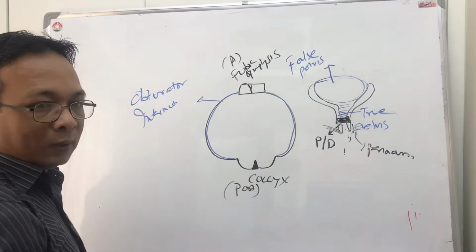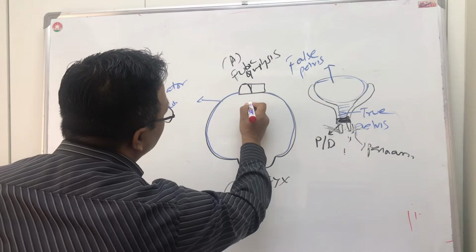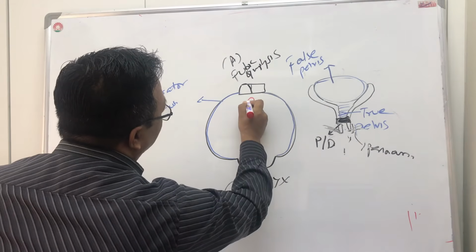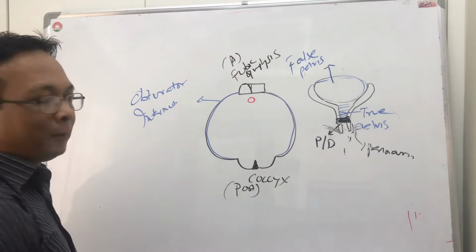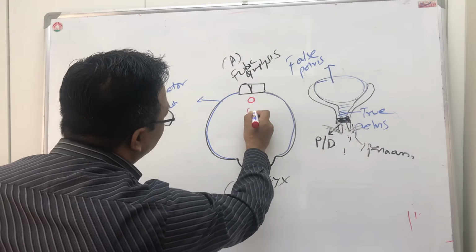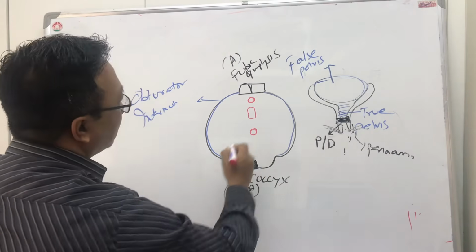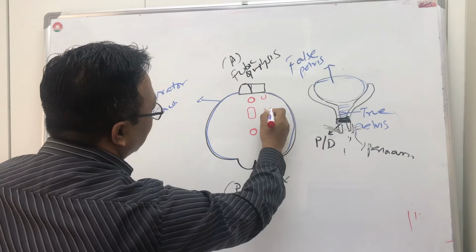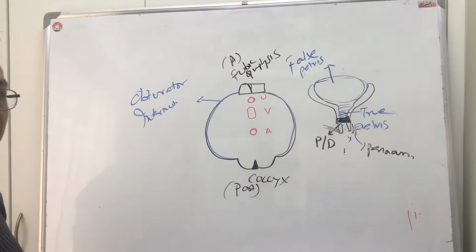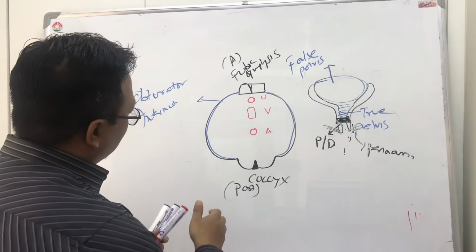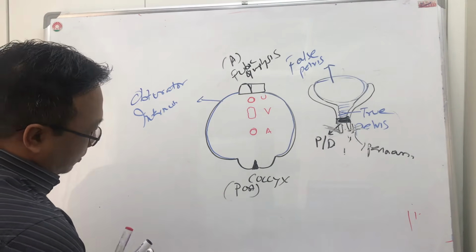And in the pelvic cavity, from the anterior side to the posterior side, we have one urethral opening, then a vaginal opening, and then the anal opening. Okay, so this is for the urethra, vagina, and anus. Alright, then let's make the bone.